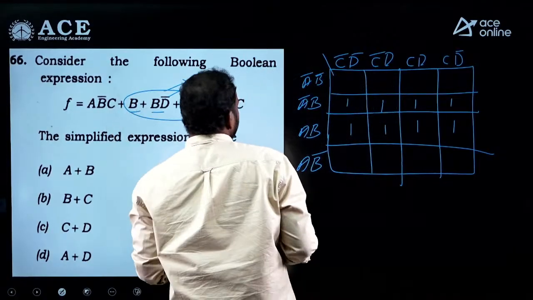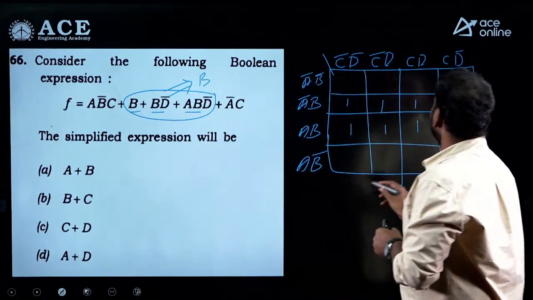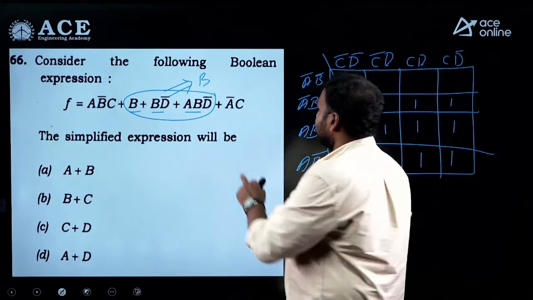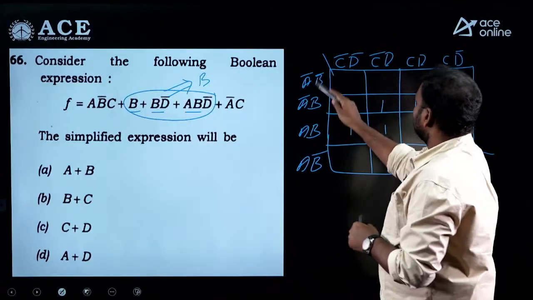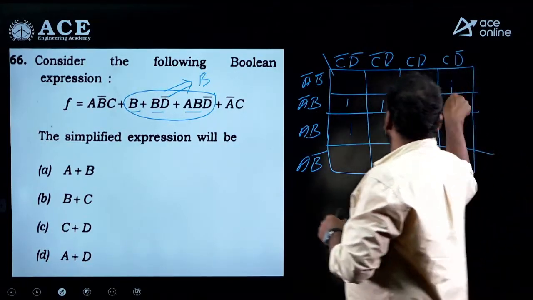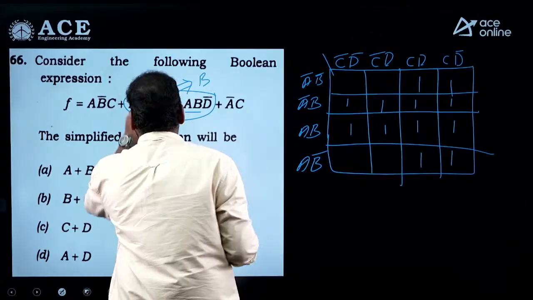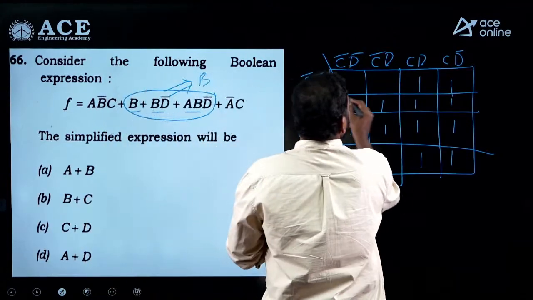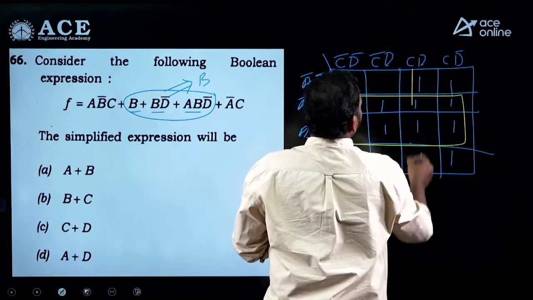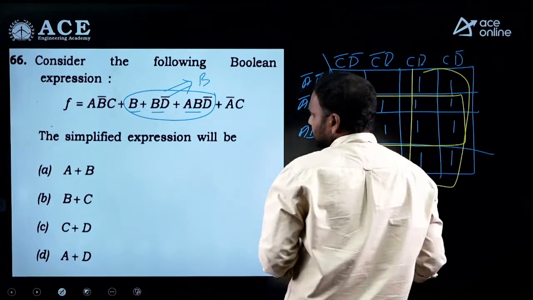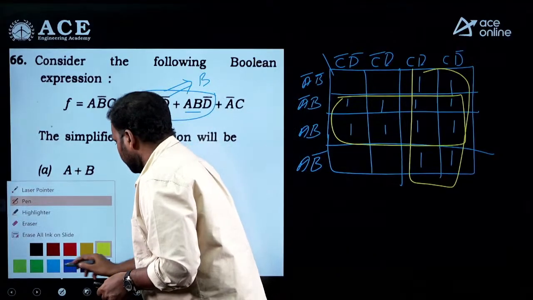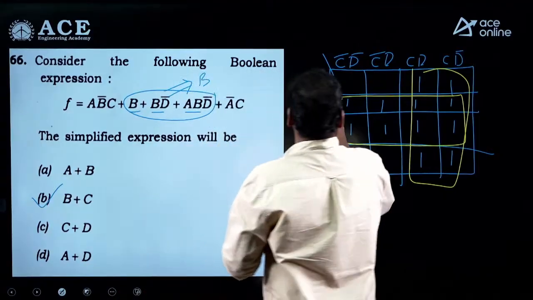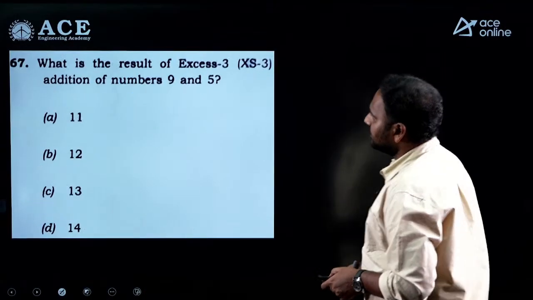And this is A, B bar, C. A, B bar, C. These 2 min terms will be involved if you expand the function. And this is A bar, C. A bar and C. Finally, these are the min terms you will find from this. And if you go for the grouping, you can find only 2 groups, right? Group of 8 min terms and a group of 8 min terms. B plus C, B plus C, B is the correct option, right.